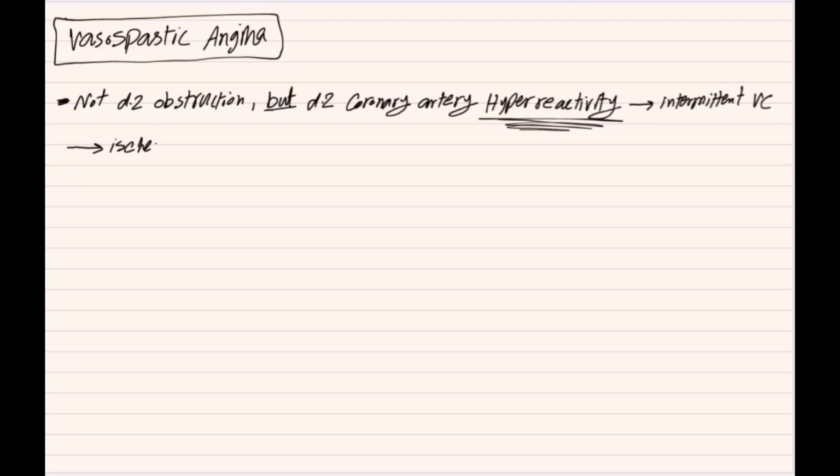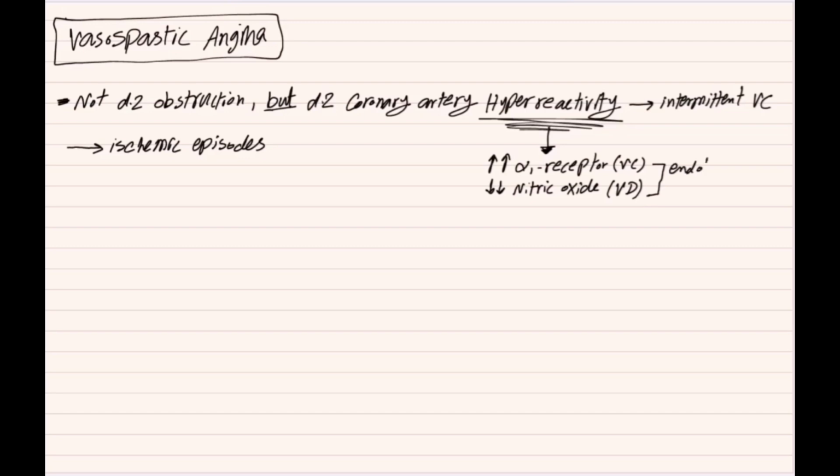And the pathophysiology behind that is because the endothelial lining of the coronary artery is faulty. It has a lot of hyperactive alpha 1 receptors, which causes vasoconstriction, as we know. And it lacks or has low levels of nitric oxide, which normally causes vasodilation. So we lack that and we cause vasoconstriction instead.